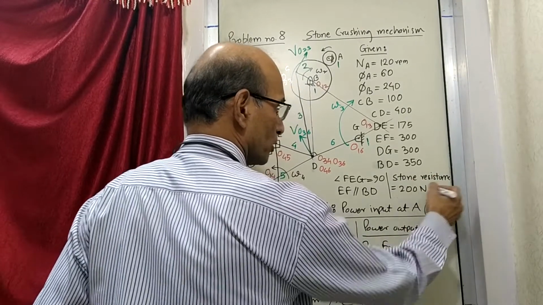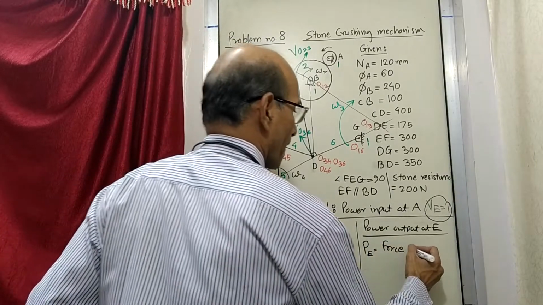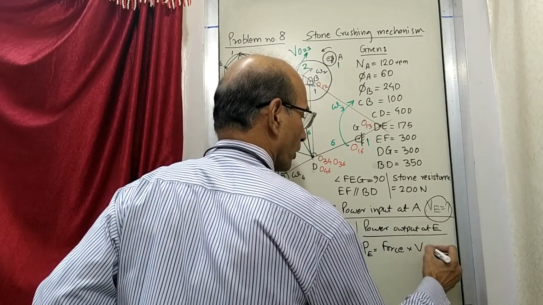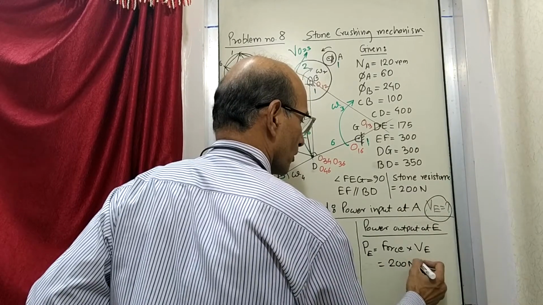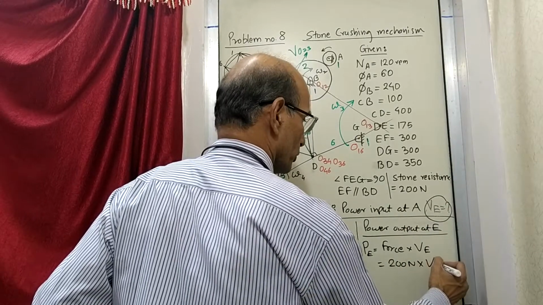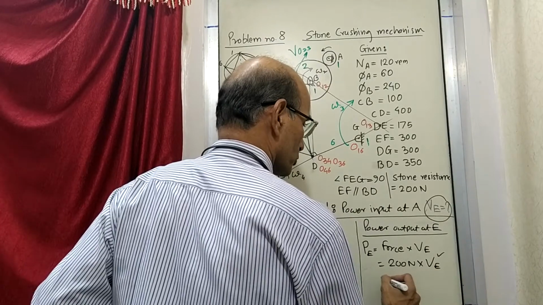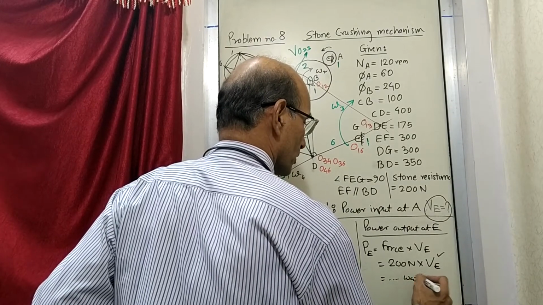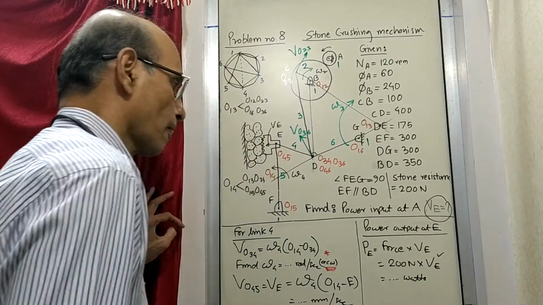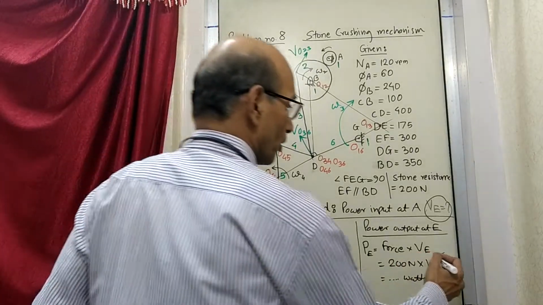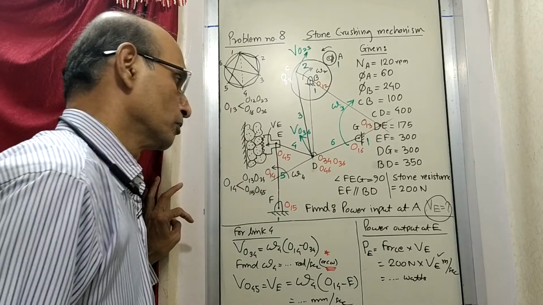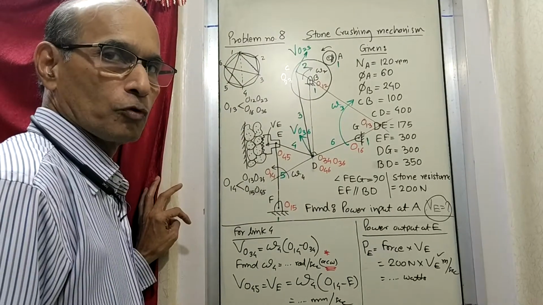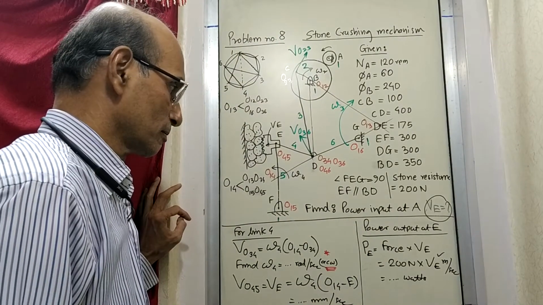Force means the stone resistance, into the velocity of point E. So this is 200 newtons into whatever velocity value you have got. This will give you the answer in watts. But for that, you need to have velocity of E in meters per second. So force into velocity, that is watts.